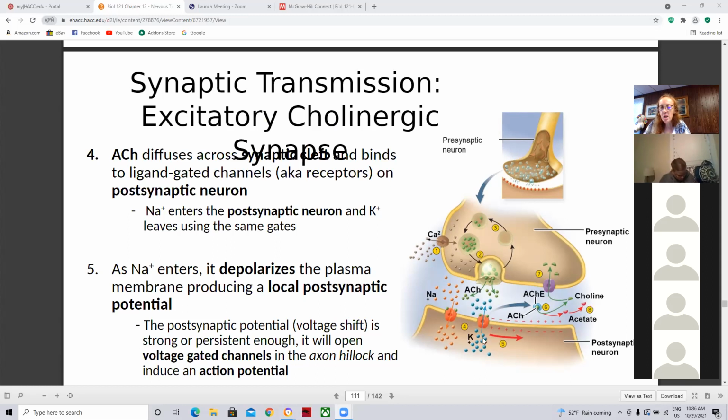Since sodium entering the cell is depolarizing, it's going to be an excitatory, depolarizing local potential. If that potential is strong enough or persistent enough, it will open voltage-gated channels in the axon hillock and induce another action potential.